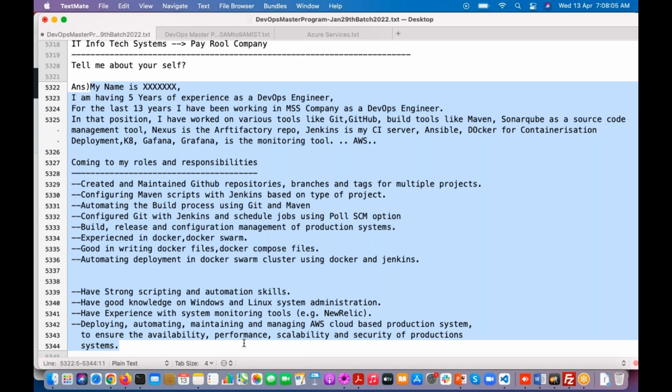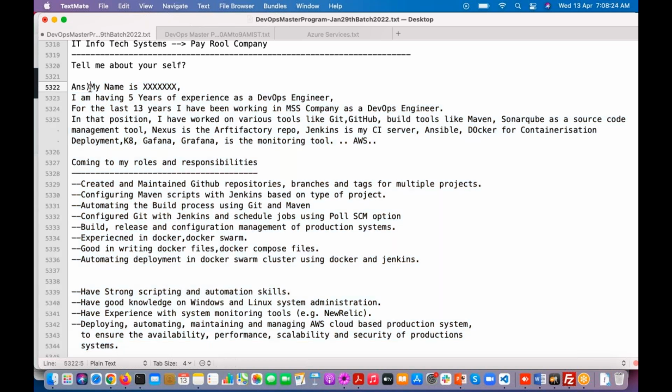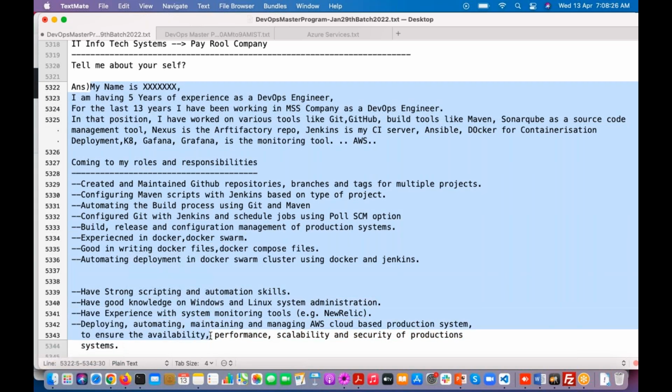Otherwise, you don't know. Yes or no? So my suggestion is record yourself, listen, and rectify yourself. Okay, clear? So this tell me about yourself is very important, and prepare your own way.